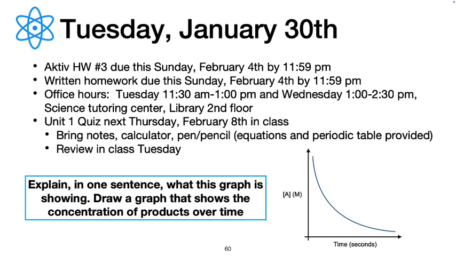Okay, look at that. Give me one sentence. If you think you got a sentence, draw a graph that shows the concentration of the products over time. This should be pretty simple. Why should this be simple? We just talked about it like 5 minutes ago. This is those making those connections. See what you can come up with.